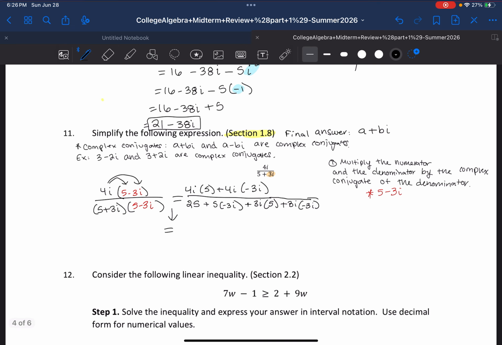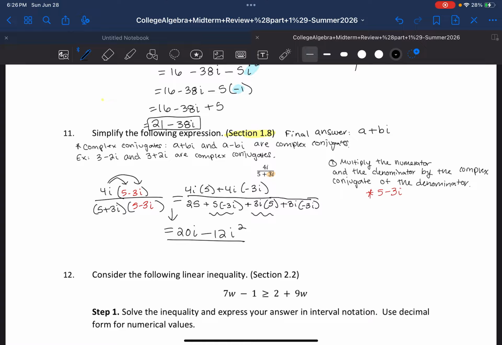And then we will go down, so that will give us on top 4 times 5 is 20, so that will give me 20i, plus, or actually, sorry, negative, because positive 4i times negative 3i will give me negative 12i squared. Notice on the denominator, these two terms here will cancel.